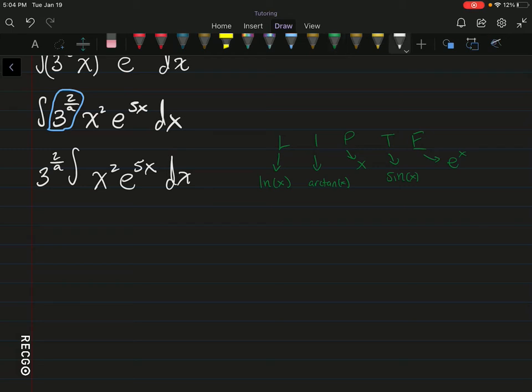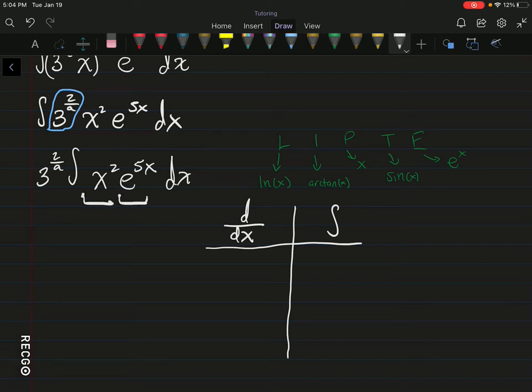So the table has a part of it that's derivative and the other part that's integration. We're going to be taking the derivative and integration of one of these two, depending on what order they have.